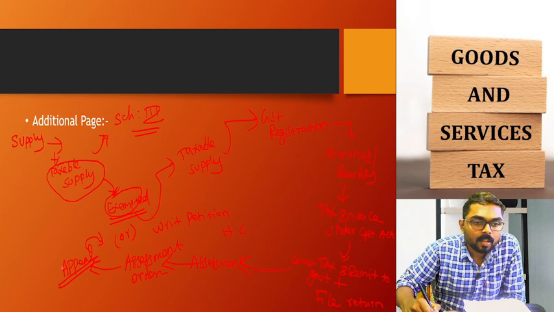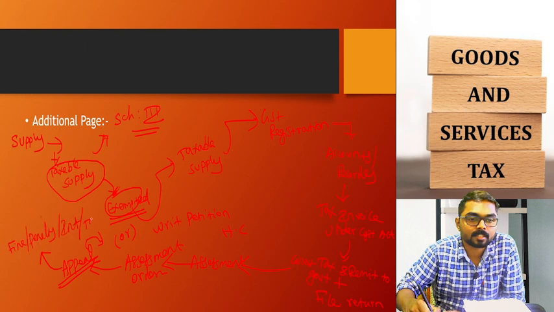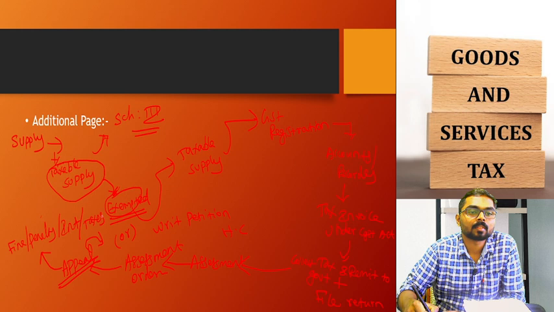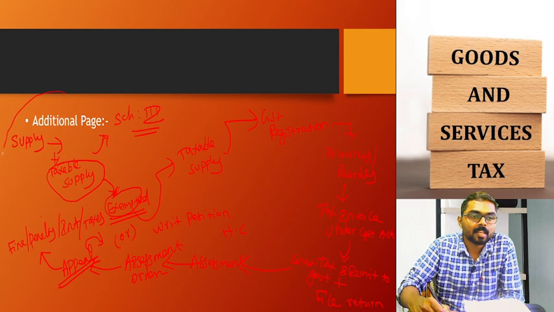If he loses the case, then he needs to pay fine, penalty, interest and taxes. This is the whole broad cycle that is covered in the CGST Act.